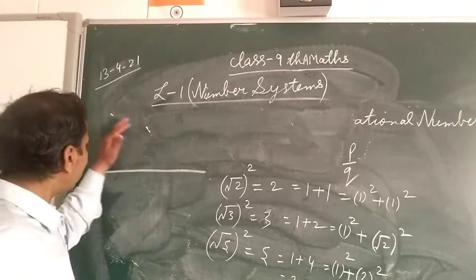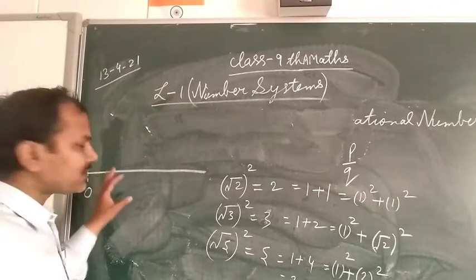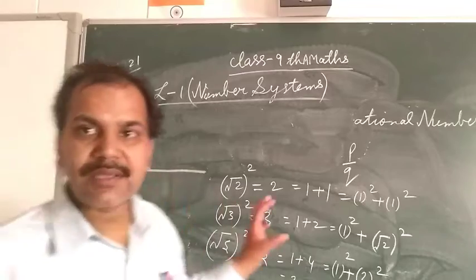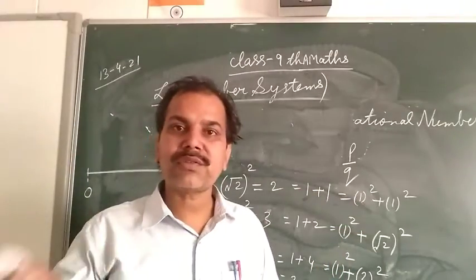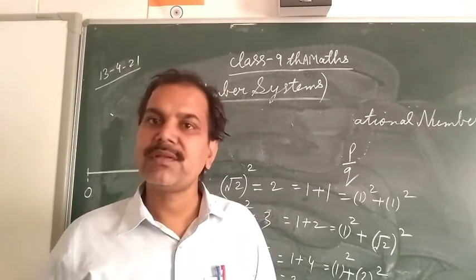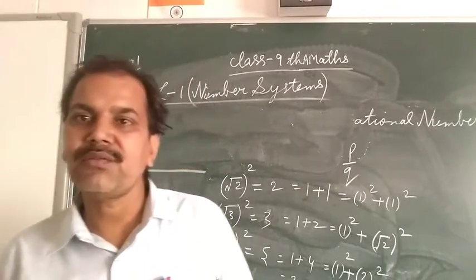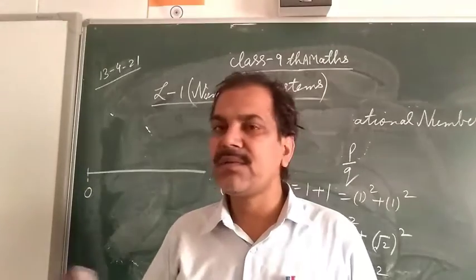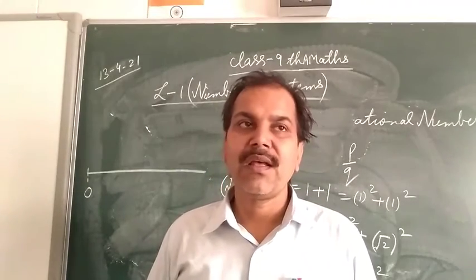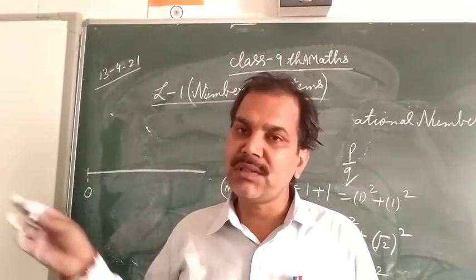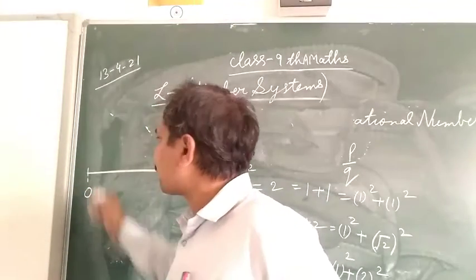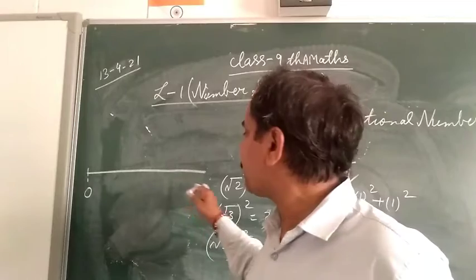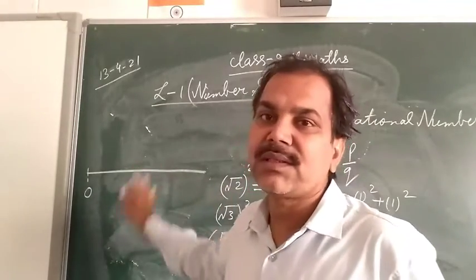And in every place in this question where you need 1 unit, you have to take 2 centimeters, or whatever you have chosen in the starting. Suppose 3 centimeters, then everywhere in this question while constructing, in place of 1 unit you have to take 3 centimeters.